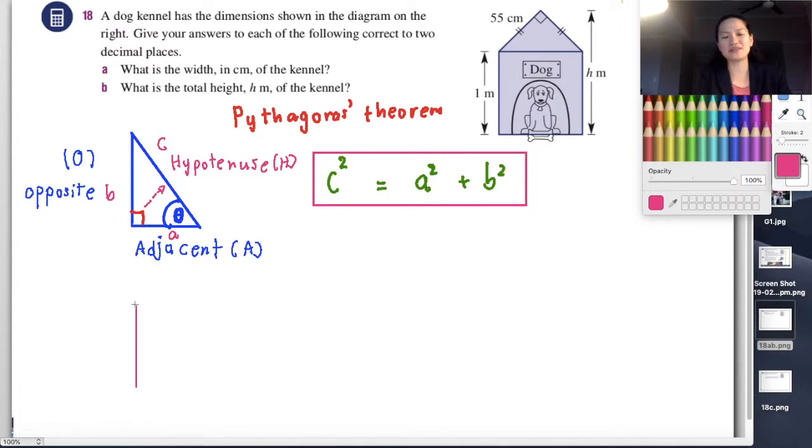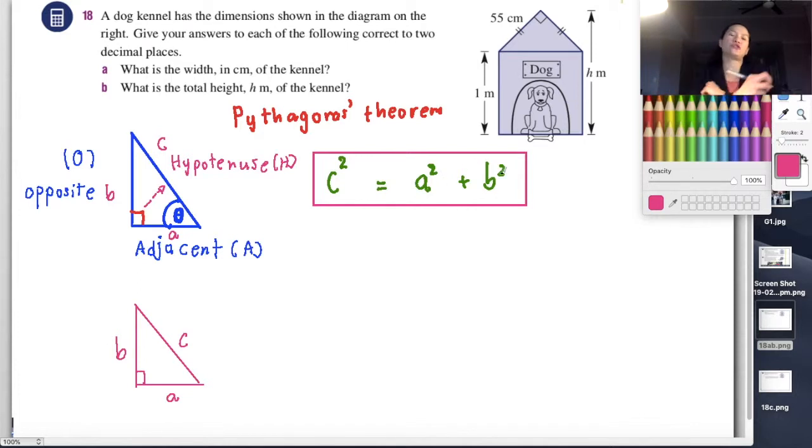If you see a triangle, it has to have a right angle as well. C has to be the hypotenuse, the one opposite the right angle. And the other two could be A, B, and then the formula is C squared equals A squared plus B squared.